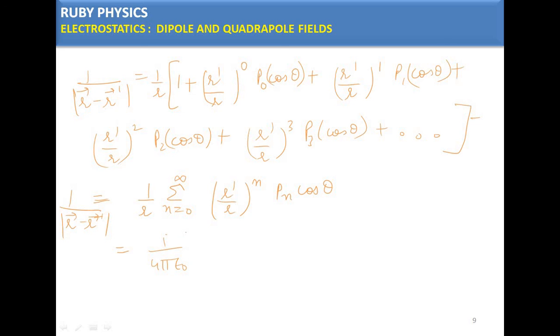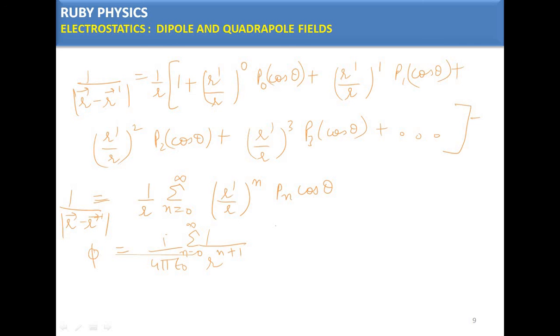If I put the value of this 1 by r minus r dash in the equation of potential, then potential phi is equal to 1 by 4 pi epsilon naught integral; this r can be multiplied and it can be written as r to the power n plus 1, and the summation will come here, from n equal to 0 to infinity.